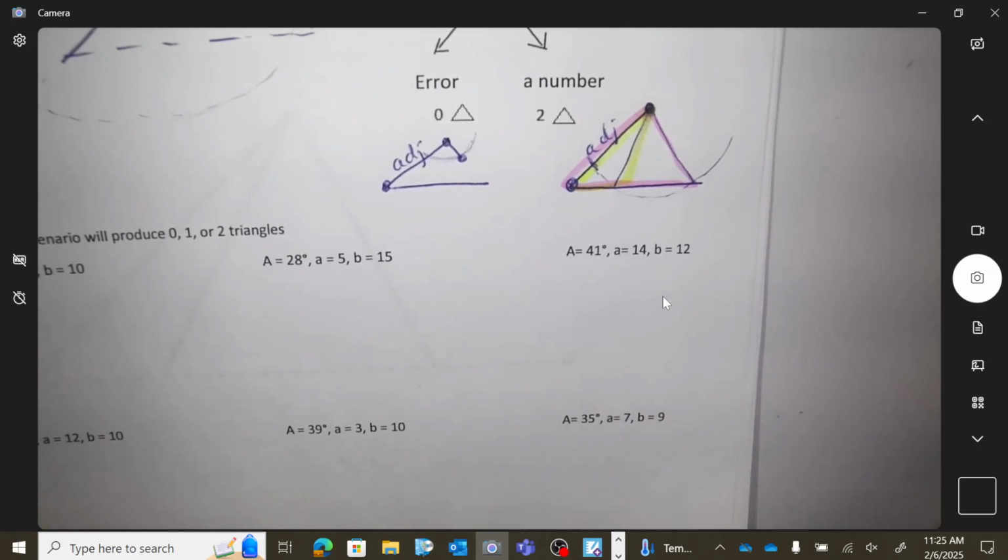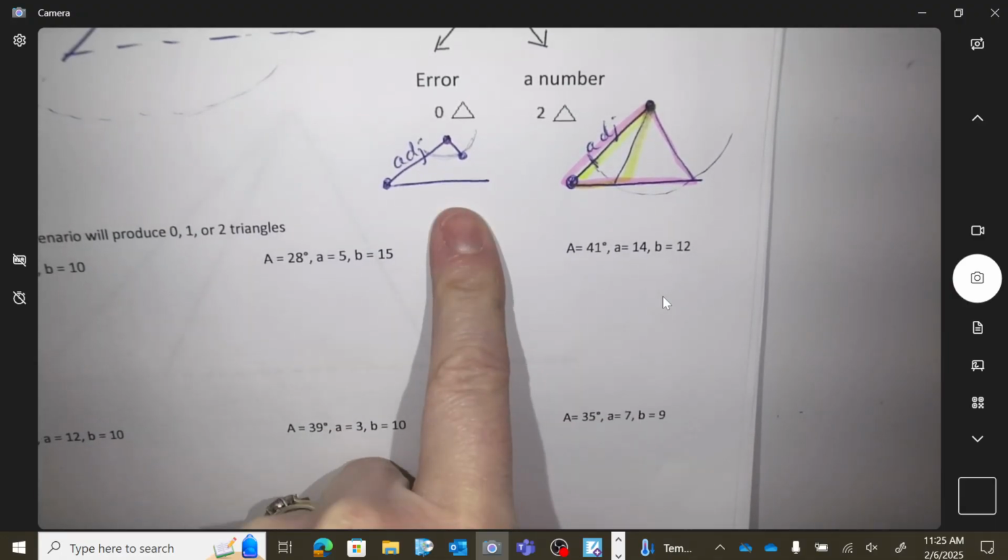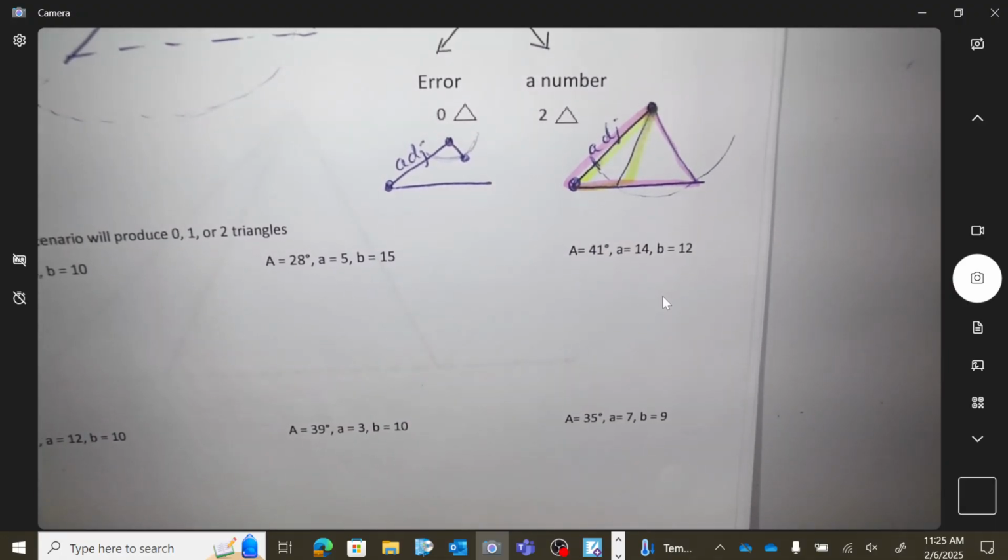Okay. And that's it. Those are the rules. So if the opposite side is longer, boom, no work. If the opposite side is shorter, we're going to have to test it out, see if this is the scenario or that's the scenario.